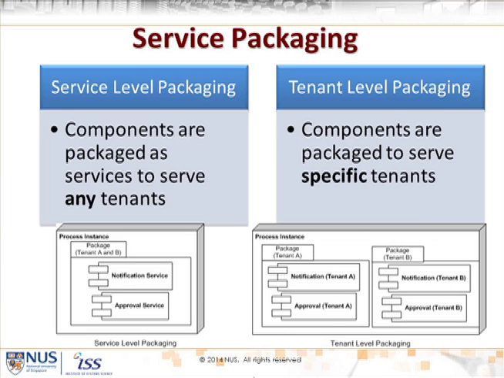The other part is the packaging. After the layer of hosting the process instance, how are the components packaged? Are they packaged to serve any tenant? Typically, you package up and these are tenant neutral. They do not specifically serve a particular tenant, or it's tenant-level packaging where you package up per tenant.